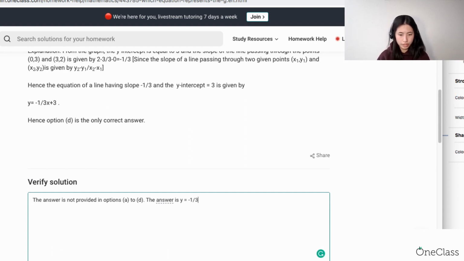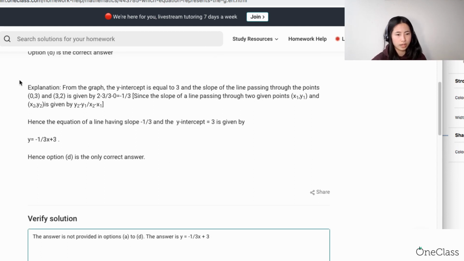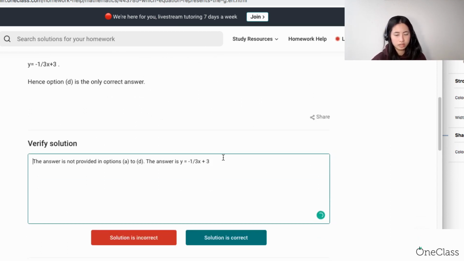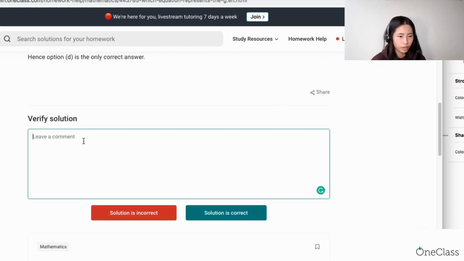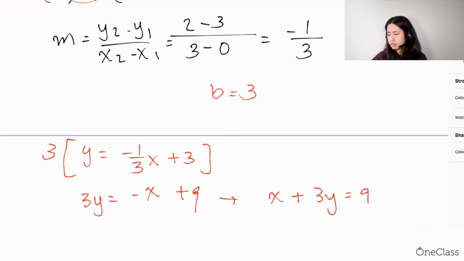So negative 1 over 3, and this is x plus 3. So that's the answer. Okay, great. So the answer is not provided in options A to D. The answer is y equal to negative 1 over 3x plus 3.